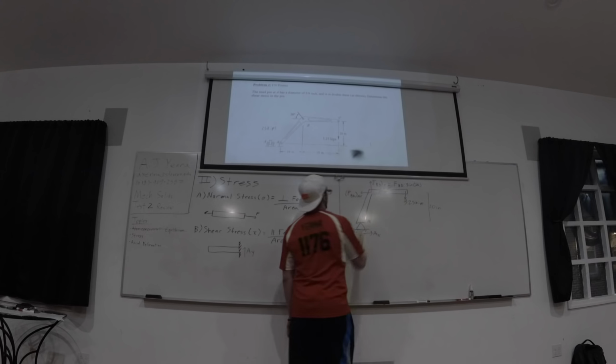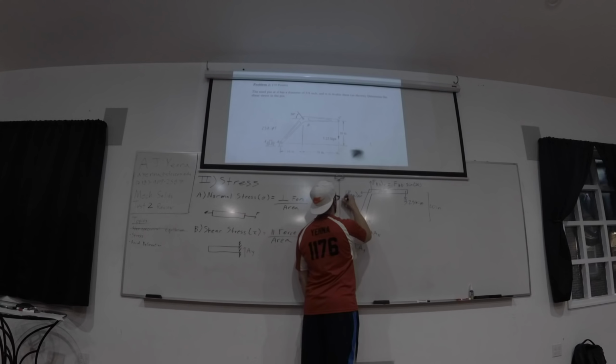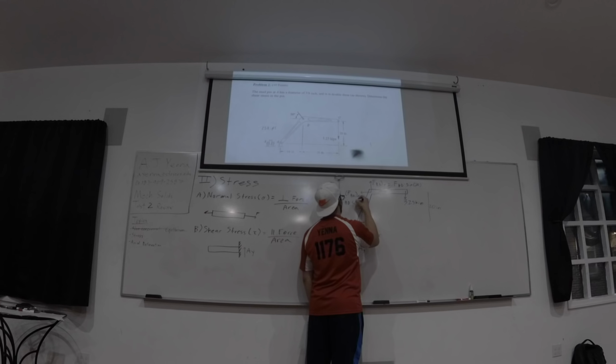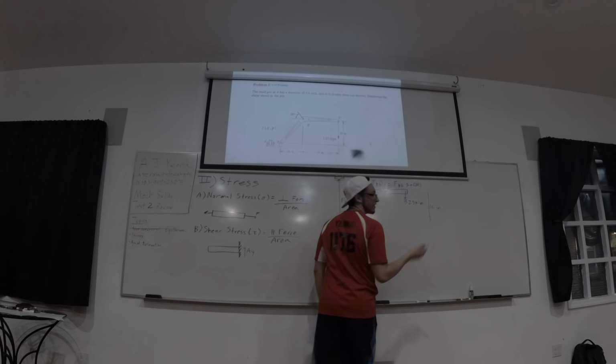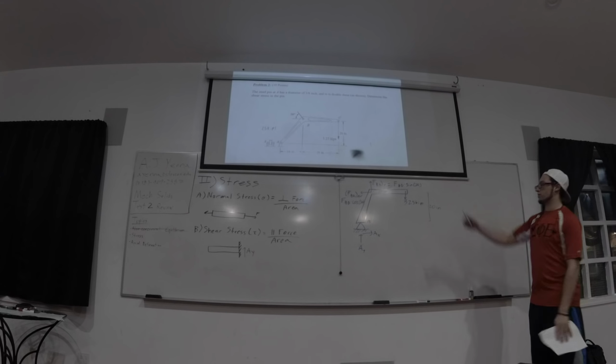And FBDX is FBD times cosine 50 because it's adjacent. I'm sure you guys all have figured out trig by now. Oh, maybe not. That's the real trick. Okay, so these are your forces now.